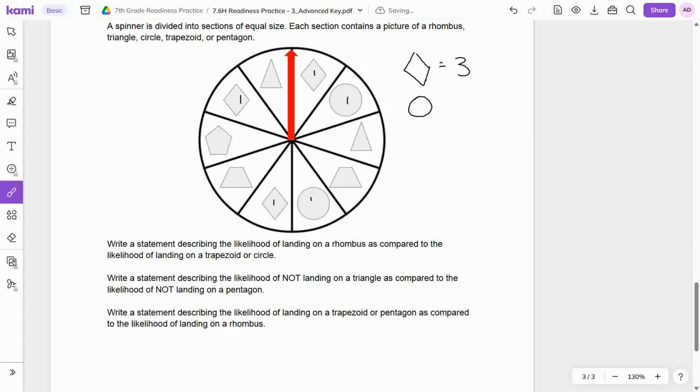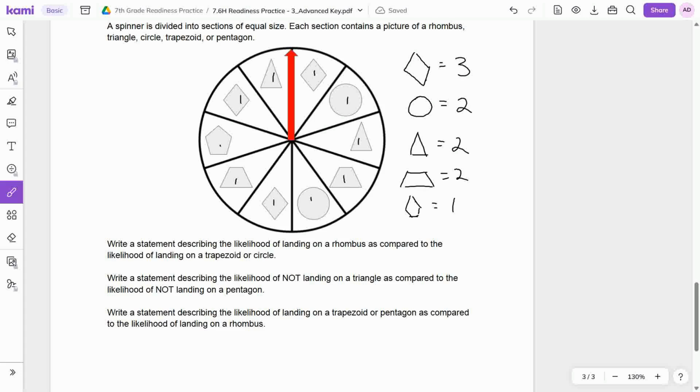Circles, 1, 2. Got a triangle, an isosceles triangle. 1, 2. And then I've got a trapezoid. 1, 2. And I've got one lonely pentagon. Not a good picture of a pentagon, but that's going to work for us.